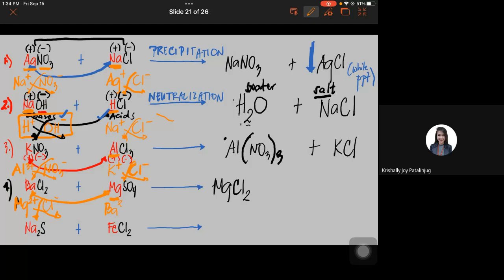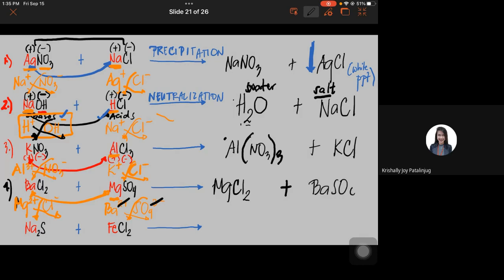You write barium ion followed by sulfate. Okay, and what's the chemical formula of barium sulfate? You simplify, no? Simplify the chemical formula, equivalent cancel out lang yung opposite charges with the same numerical value, which is 2. So cancel them out, equivalent to 1 yung subscript.